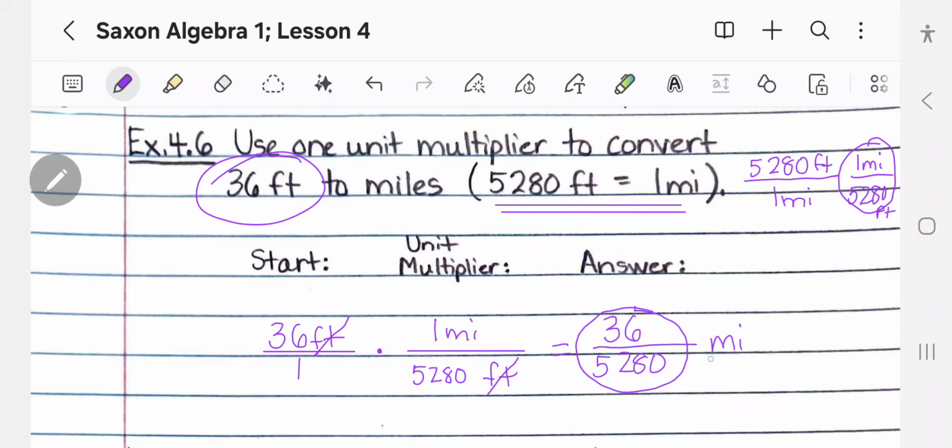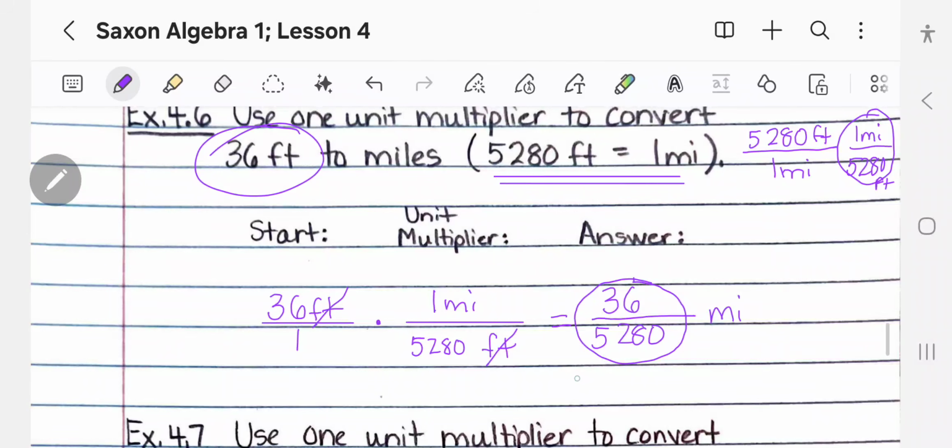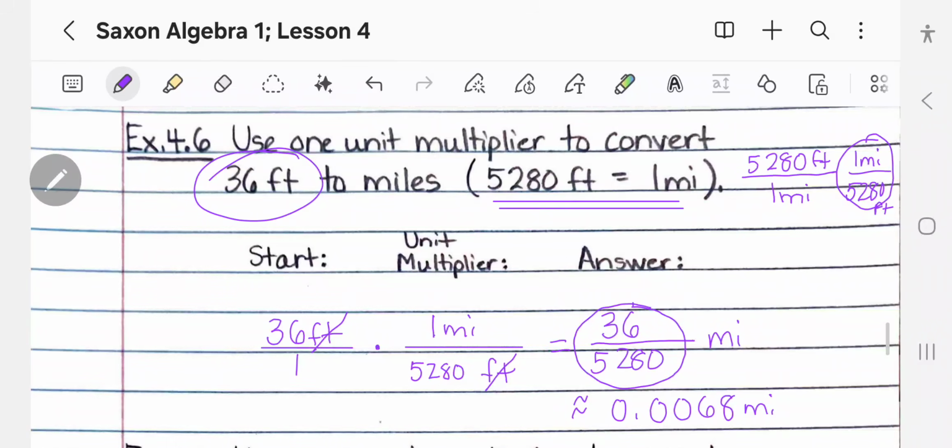Now, that's a really strange number. If you work this out, and again, I think they used a calculator on this, they're saying approximately 0.0068 miles. Why such a small number of miles? Well, if I got that answer, I would probably think, is that reasonable? So let's look back and see if that's reasonable.